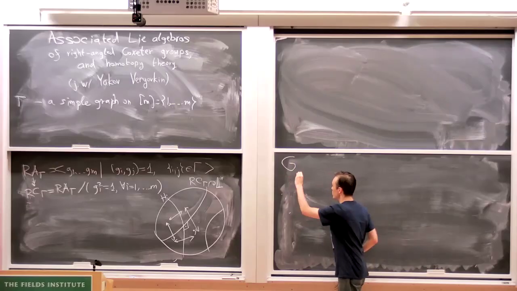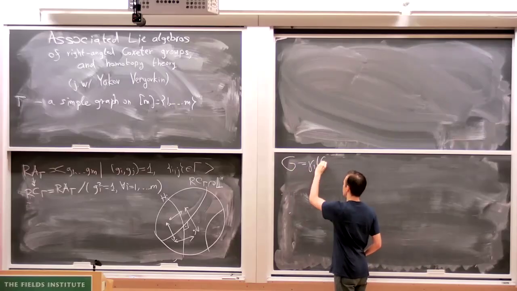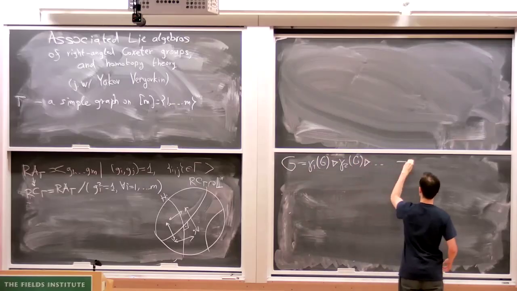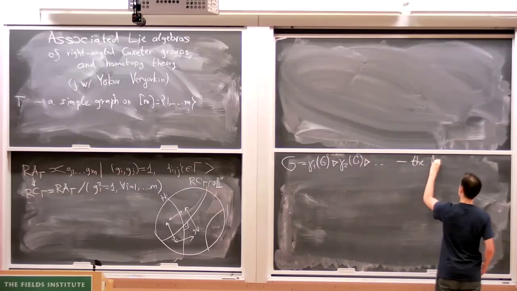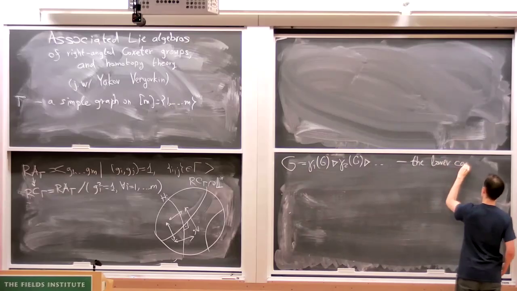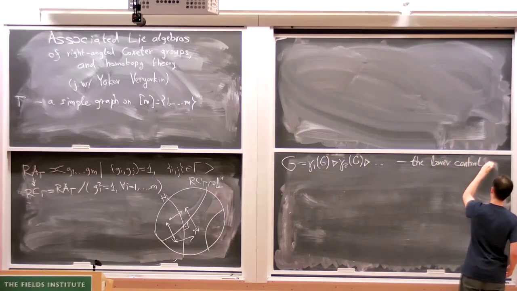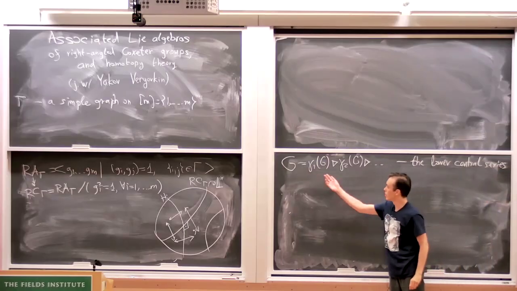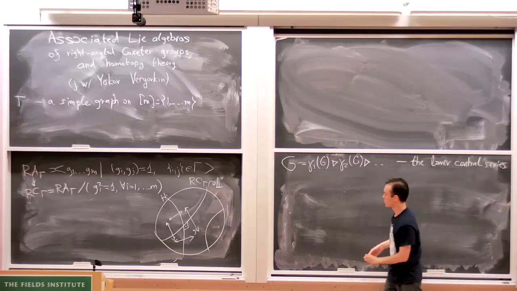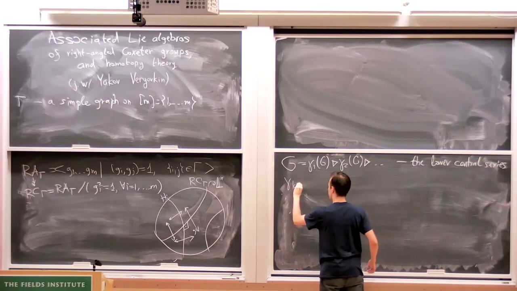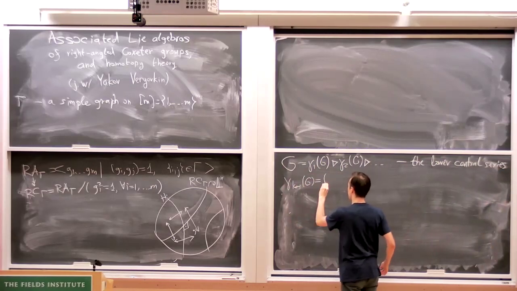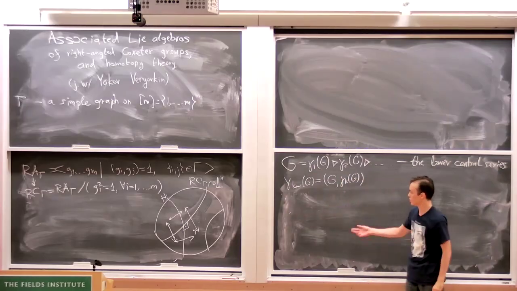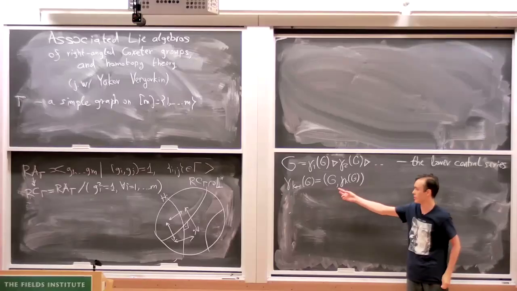If we start with a group, there is a natural sequence of subgroups called the lower central series. Gamma 1 is just the whole group, and then you define them recursively so that gamma k+1 of G is just the commutator of G with gamma k of G. So it's the subgroup generated by commutators of elements from G and from gamma k.